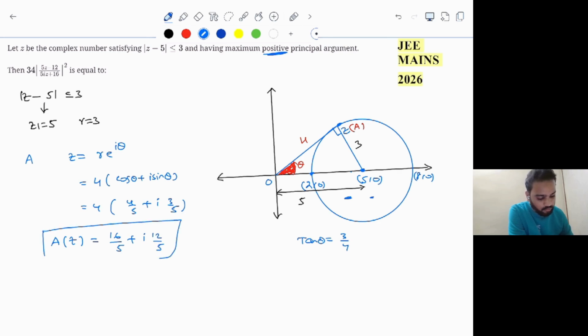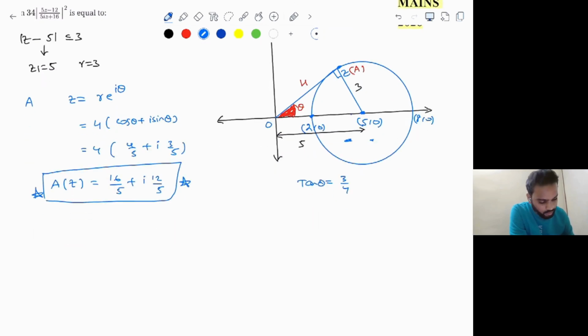As I told, there are different ways to get the point A, that is the complex number z, but this is the best and easiest way to get the point z. That's the reason I'm discussing this, so that whenever this kind of question comes up in the next main session, you won't do the lengthy method. Now, once you know the value of z, I think the question can be solved, right? Because if you look at the required part, what do we need?